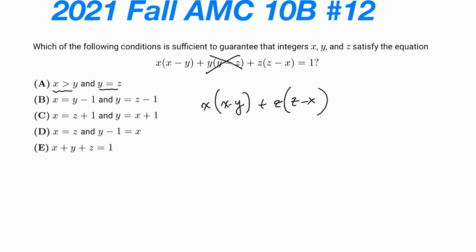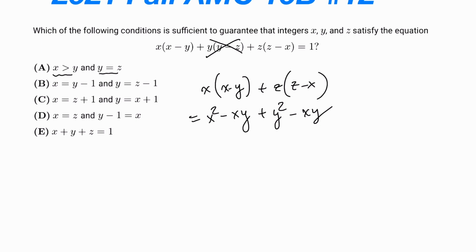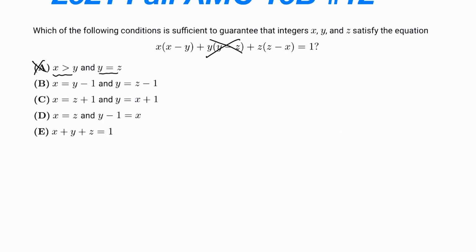We know that y is equal to z, so x squared minus xy plus y squared minus xy. There really isn't anything that we can cancel out, so A just does not guarantee that this equation is satisfied.